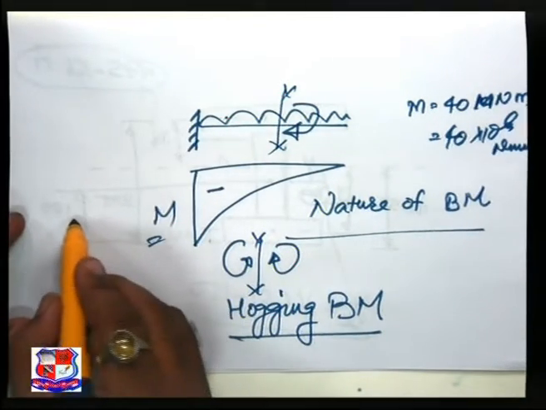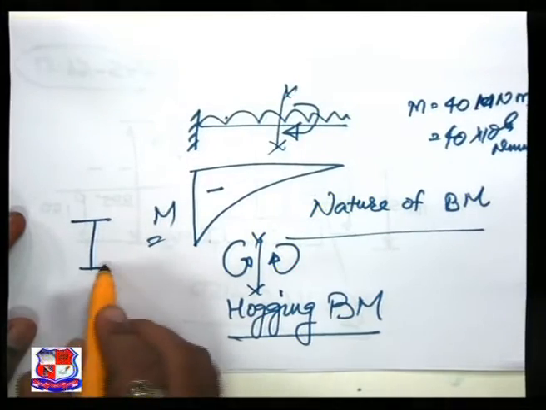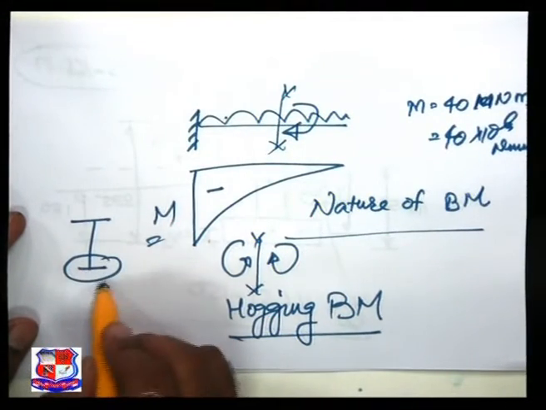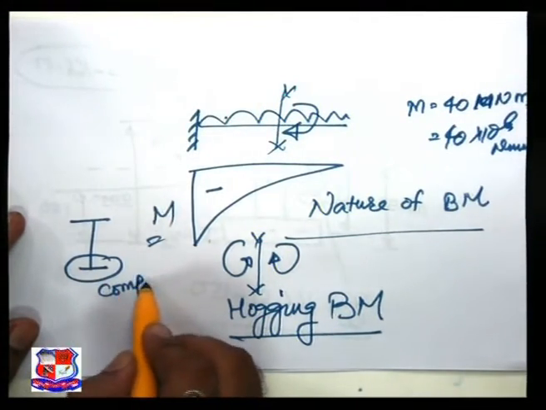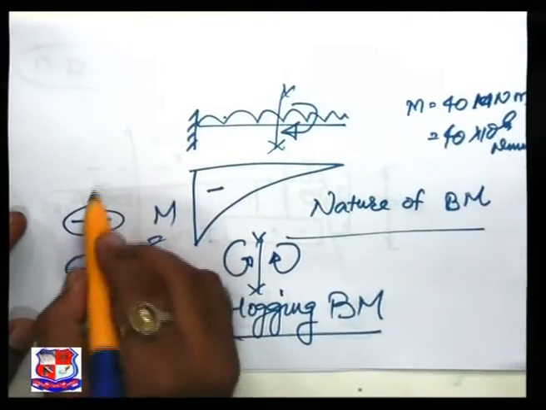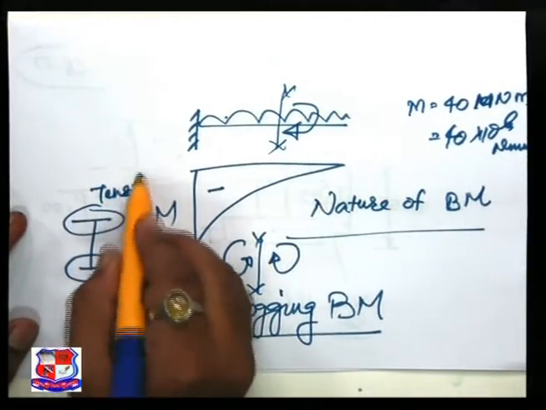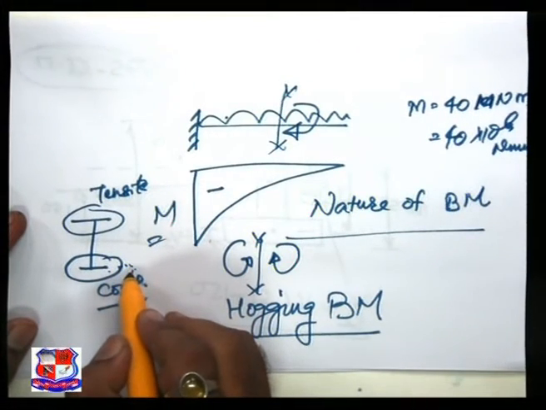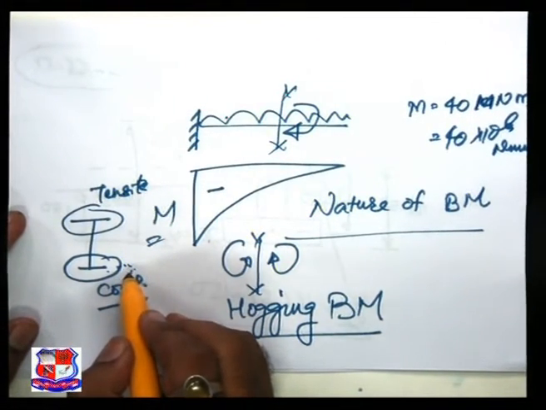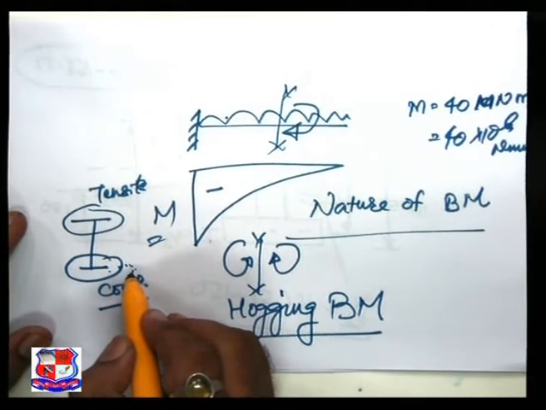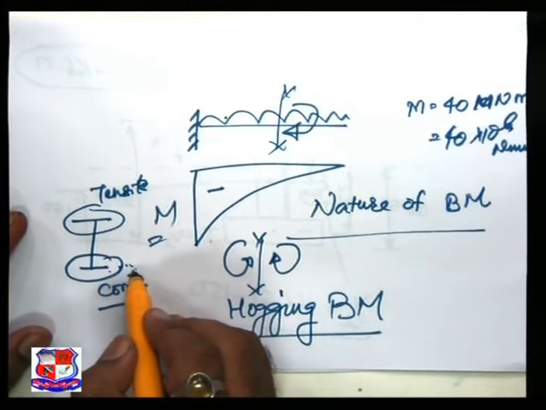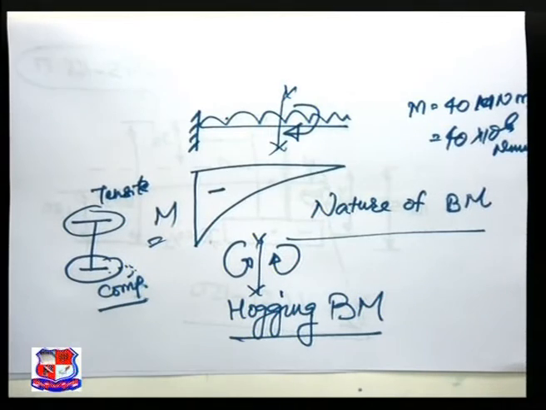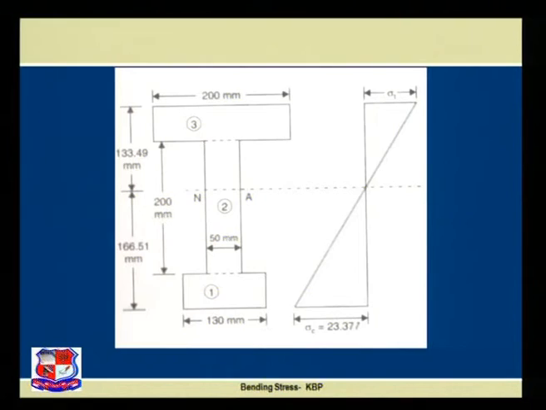So at a section, at the bottom compressive stresses will be developed and on the top tensile stresses will be developed. So the given answer for my bending stress is of the nature of compressive bending stress. This is our answer. I wish you have understood this problem very well.